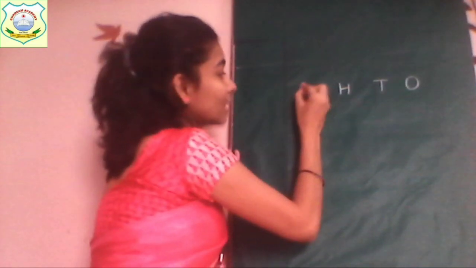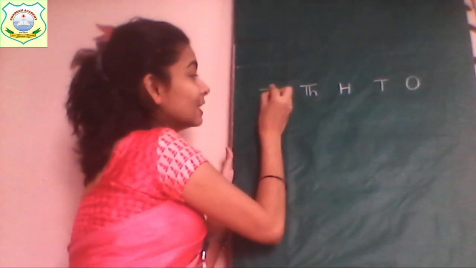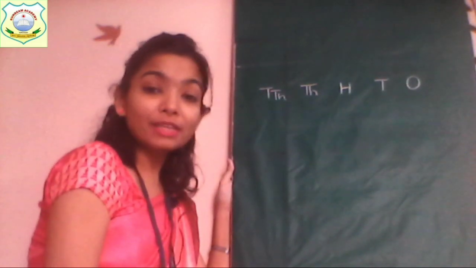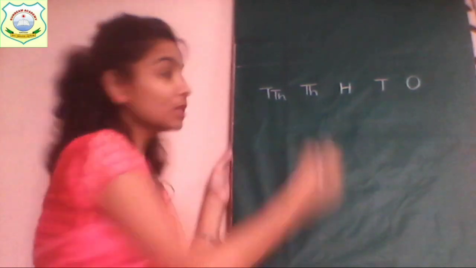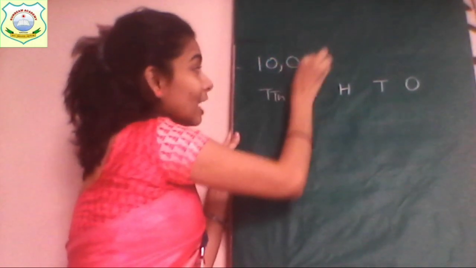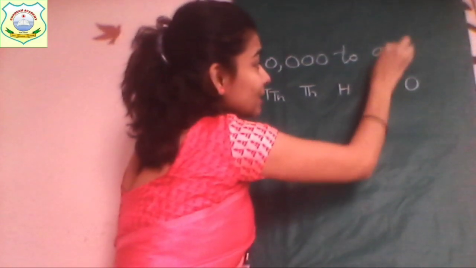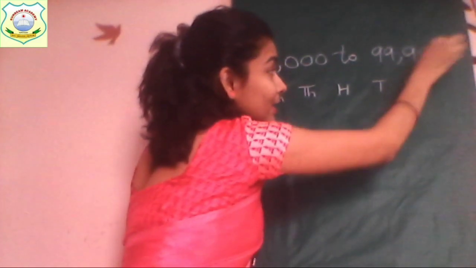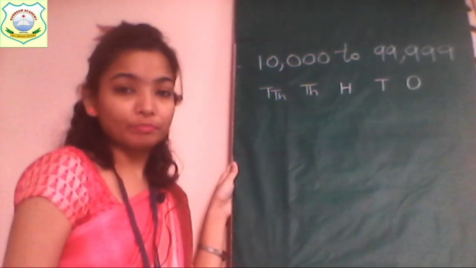Up to 1,000 you studied in half yearly, but in annual there will be 10,000 also. So from 10,000 to 99,999 we have to study. This much write in words and write in figures is in your course, right?